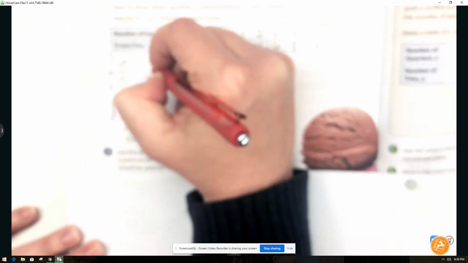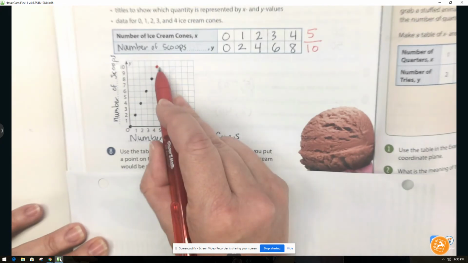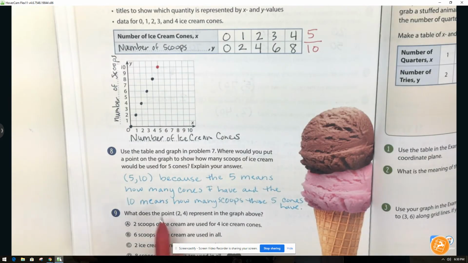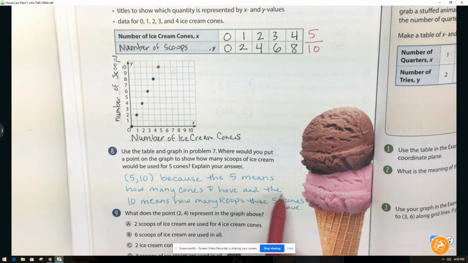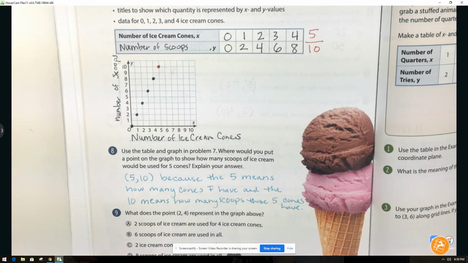So we would go to the 5 and up to the 10. And that does match our pattern of over 1, up 2 from the previous point. So it would be at the ordered pair 5, 10, because the 5 means how many cones we have, and the 10 means how many scoops are in those 5 cones.